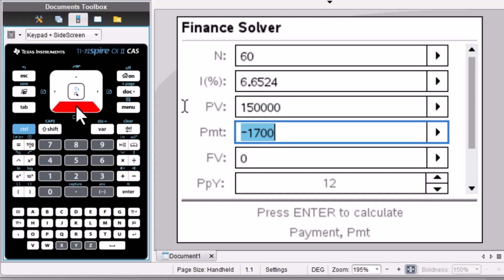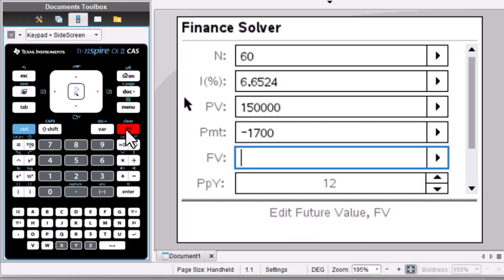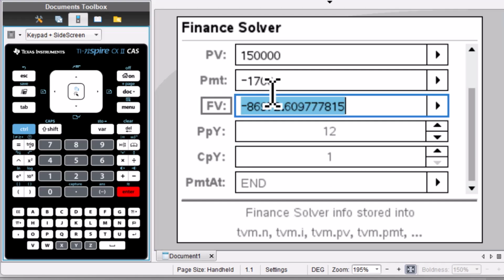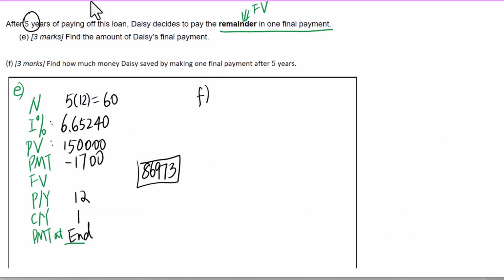So we will go to this future value, something we are looking for. FV, future value, enter. We got the answer. We need to change this into integers. So $86,973.